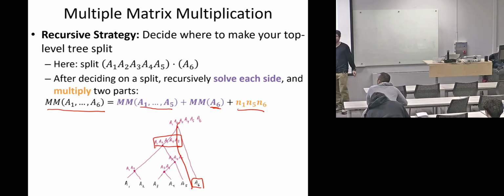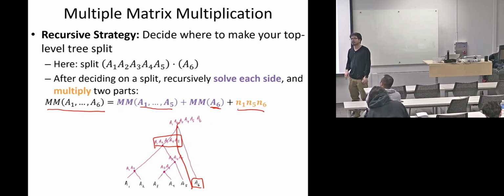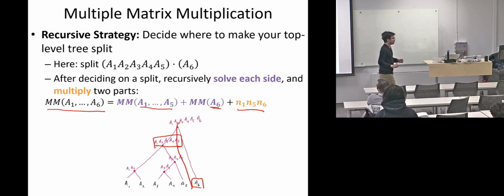Yeah. What if the optimal solution involves multiplying matrices that aren't contiguous with each other in this array? Like right now they're ordered 1 through 6, but what if you need to do 1 and 6 together first? Oh, so good point.